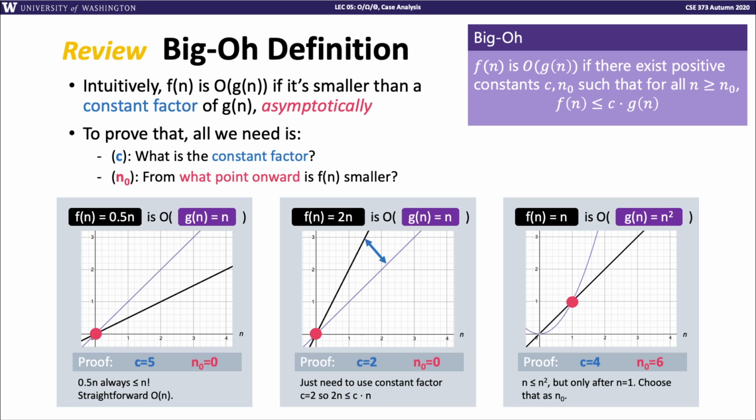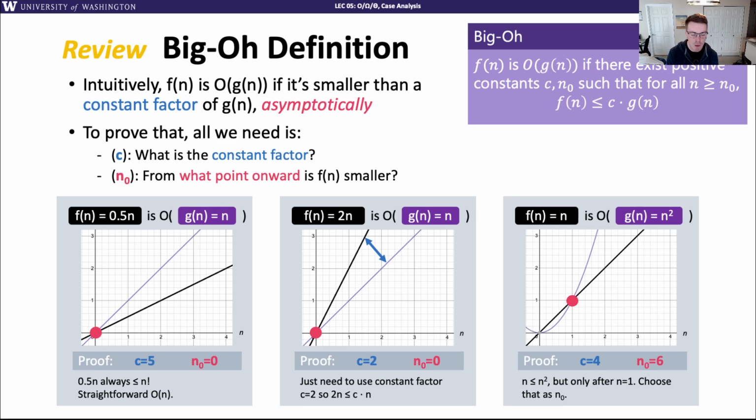What that's really saying, in a long-winded way, is that g eventually dominates f. It will eventually grow faster and always upper bound it from n naught onward. So intuitively, the reason this definition has those constants that you need to choose is that we don't care about small values. We care about large values as n grows asymptotically.